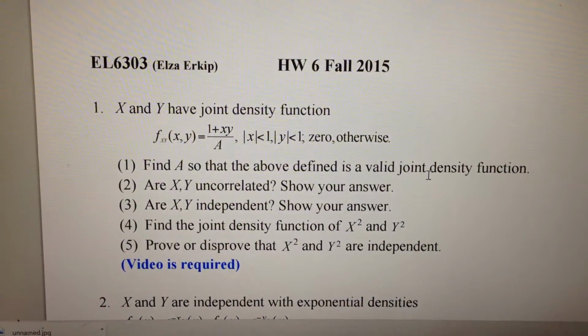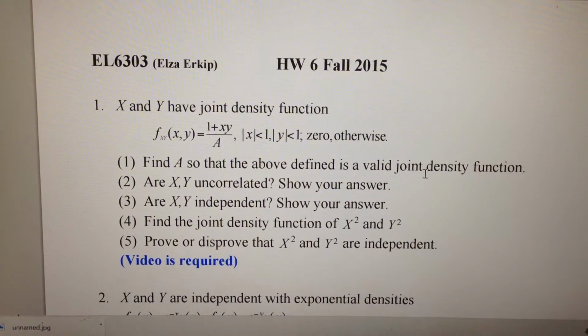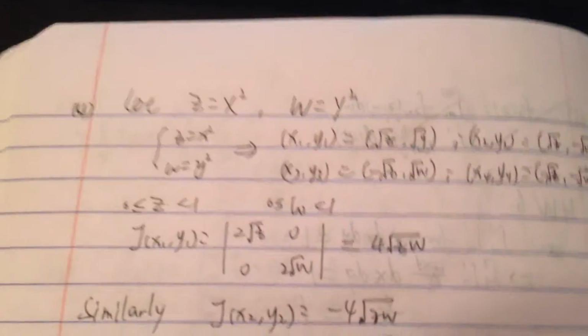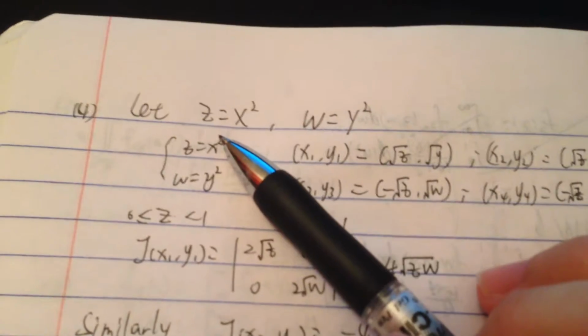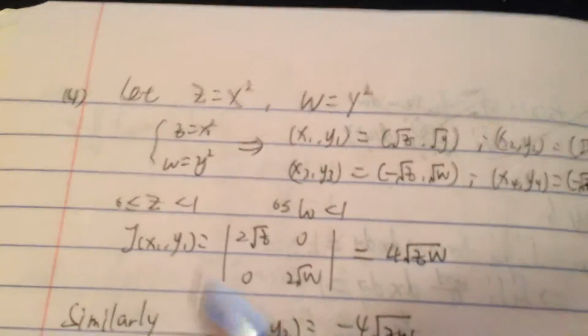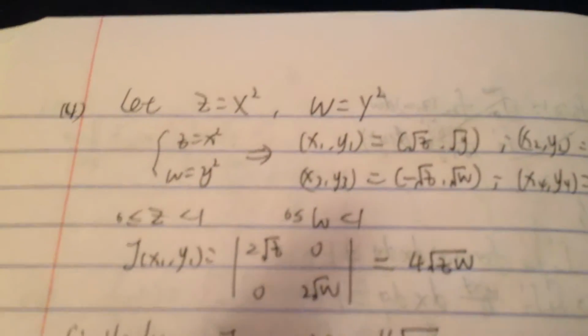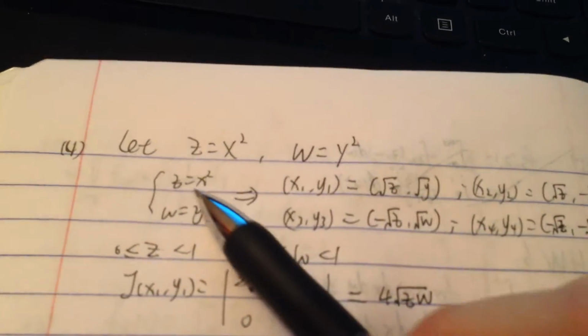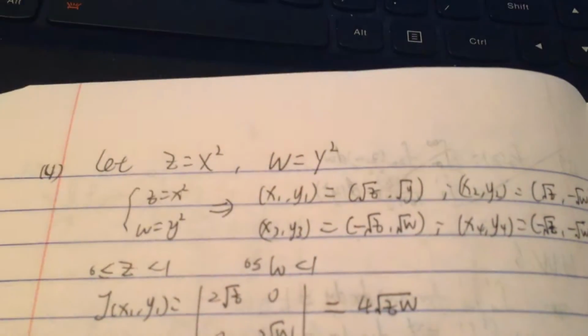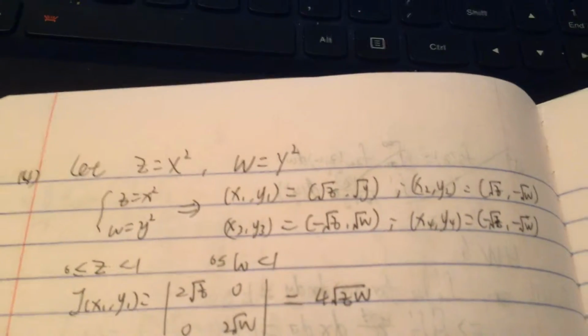And the fourth part, find the joint density function of X squared and Y squared. So first, let Z equal X squared and W equal Y squared. We can solve these two equations, and we find there are more than one valid solution.